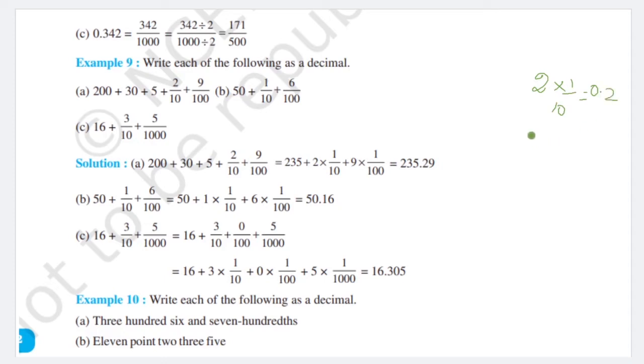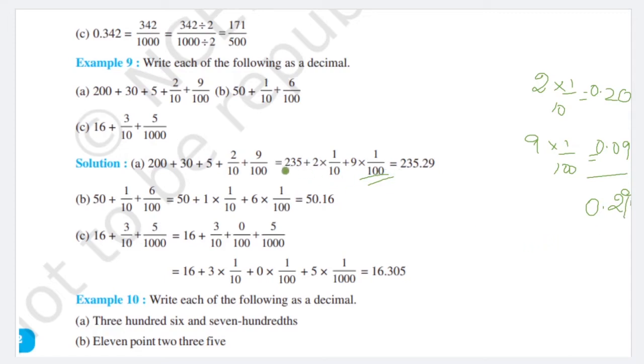Then the next one, 9 into 1 by 100 will be 0.09. So adding this, you can place a 0 here for easy addition. So the answer will be 0.29.